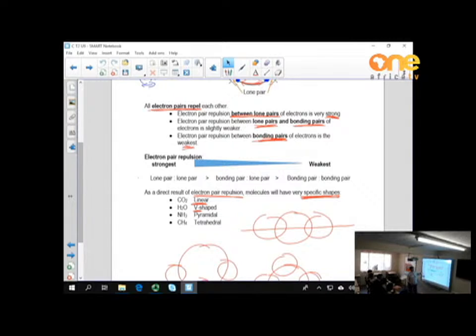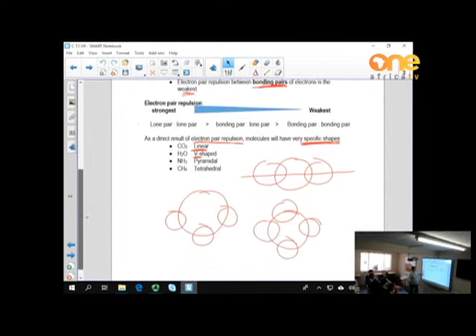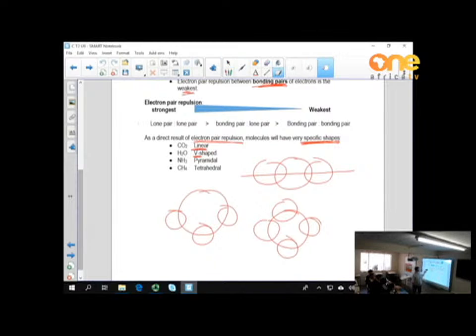We then said that lone pair repulsion is the strongest, bonding pair is the weakest. All right. And we found then that molecules can be pushed into specific shapes.